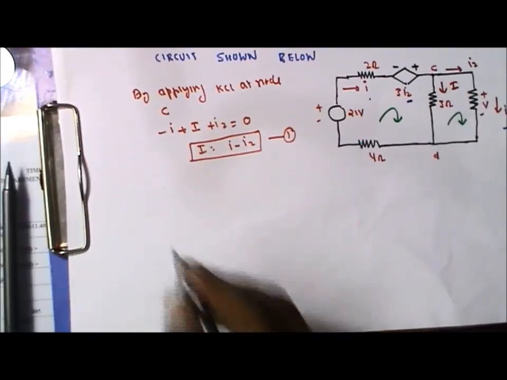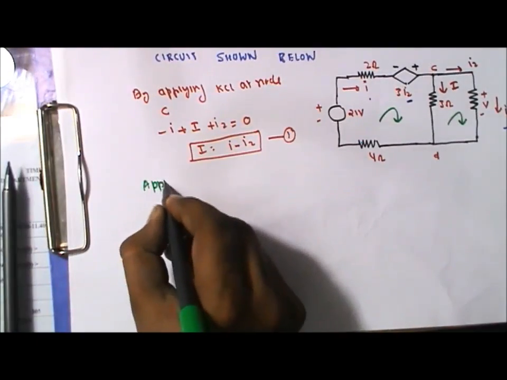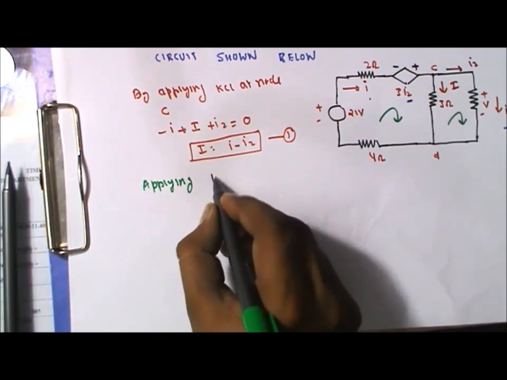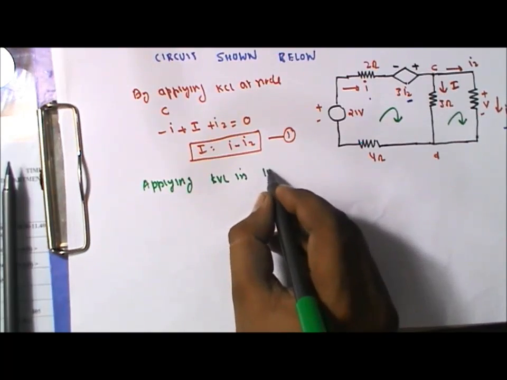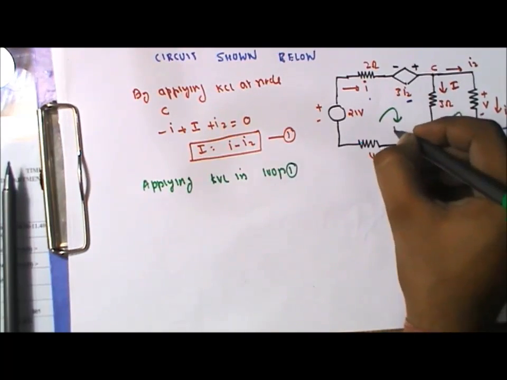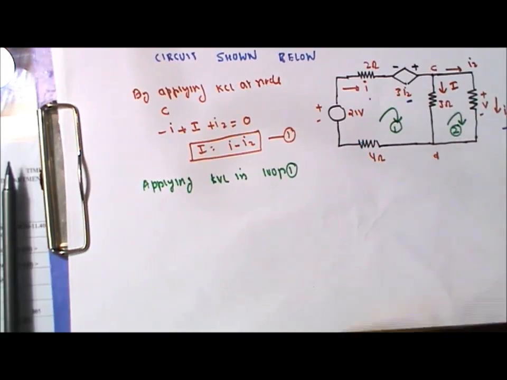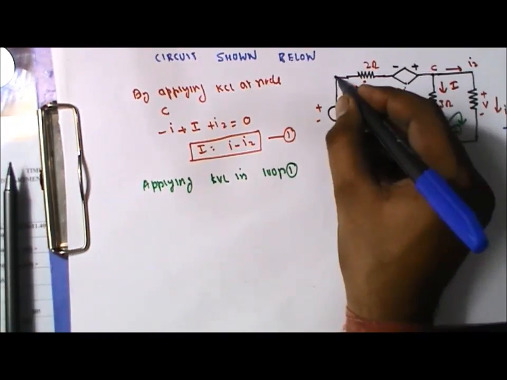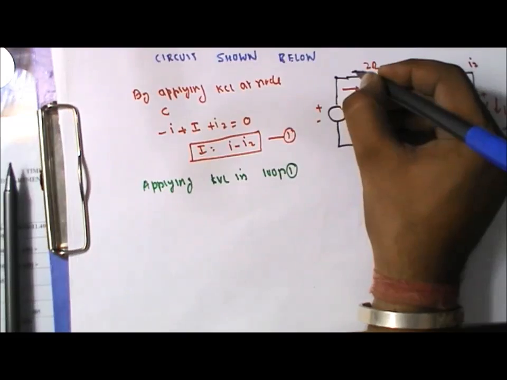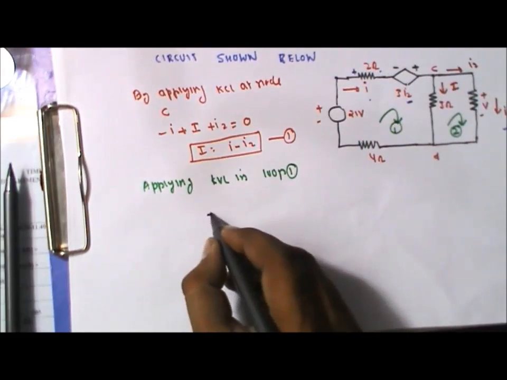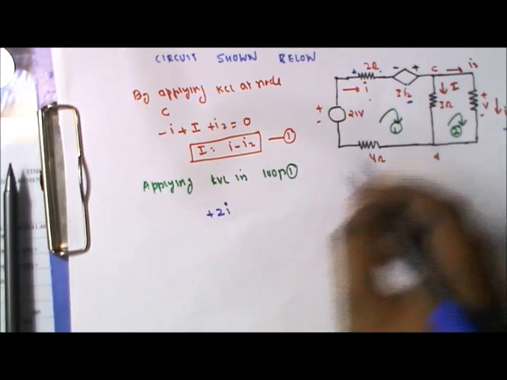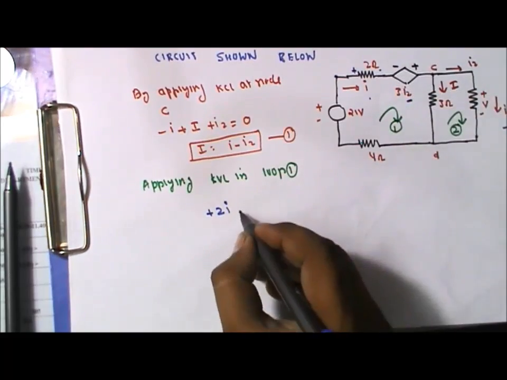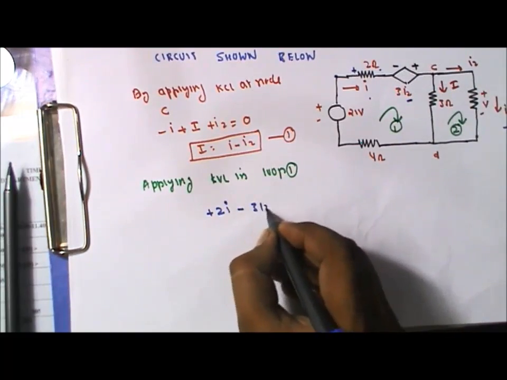Applying KVL in loop 1, let us suppose this is loop 1 and this is loop 2, we follow the sign convention that we have already discussed. Starting from this point, this current is entering, so it is plus 2 into I. This is the voltage source, minus 3 into I2.